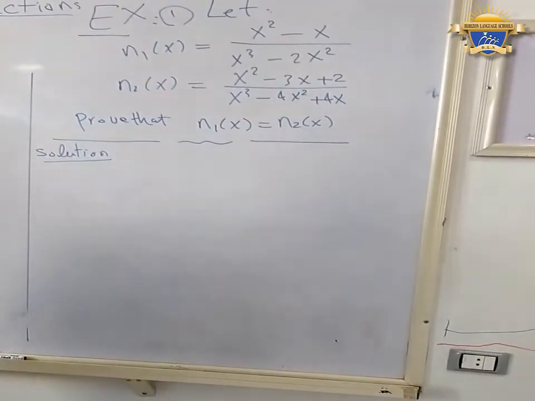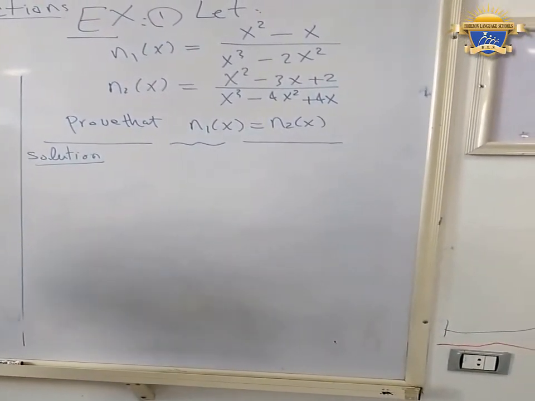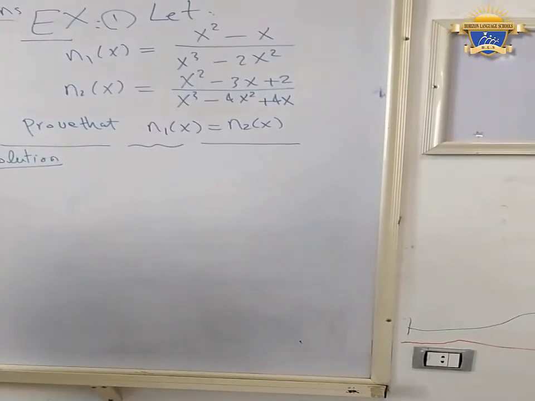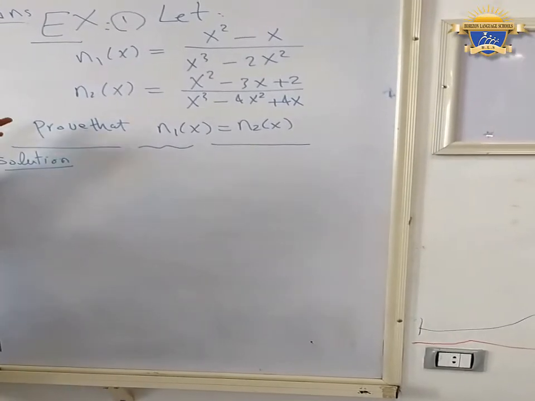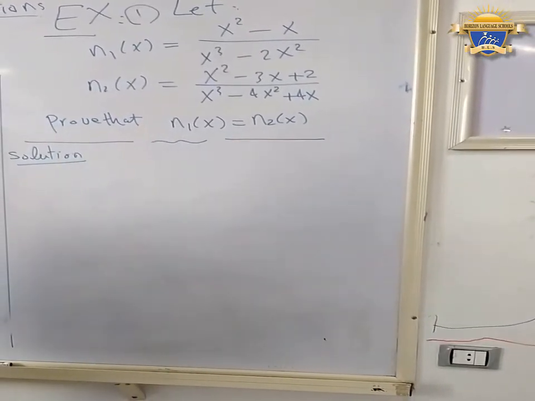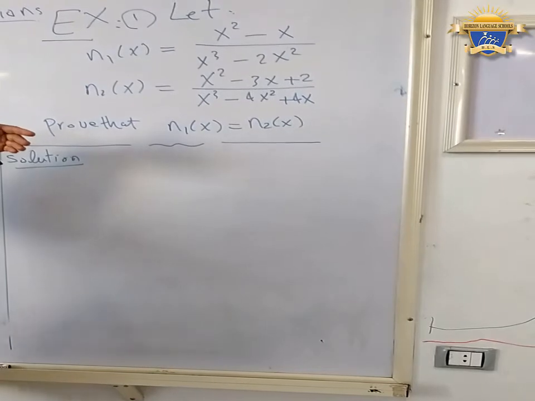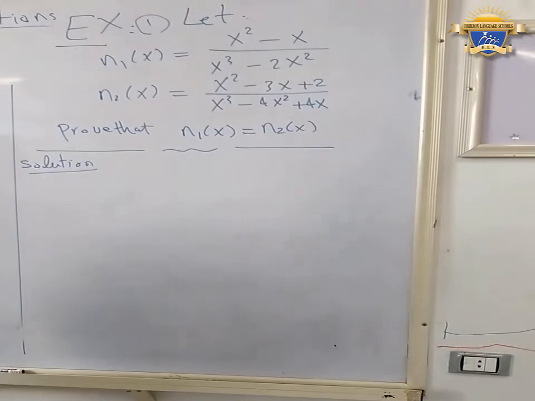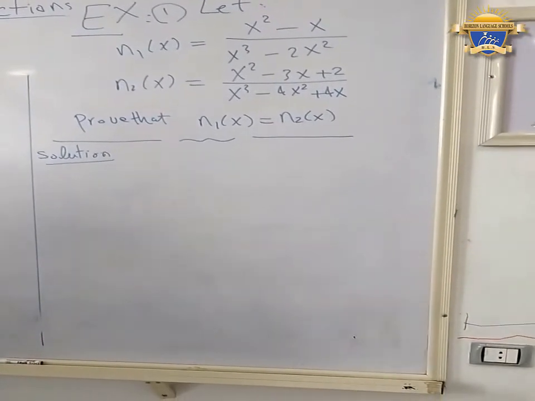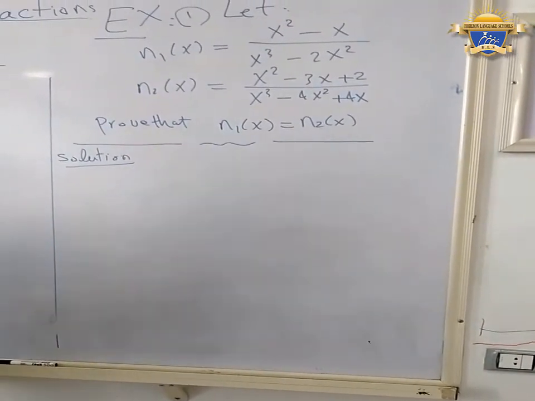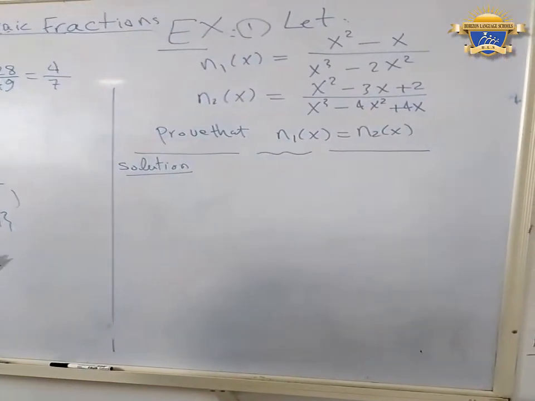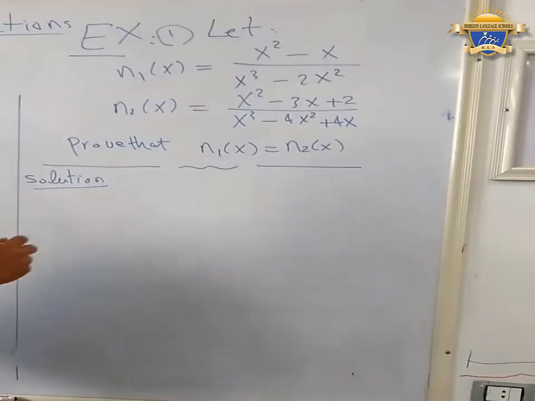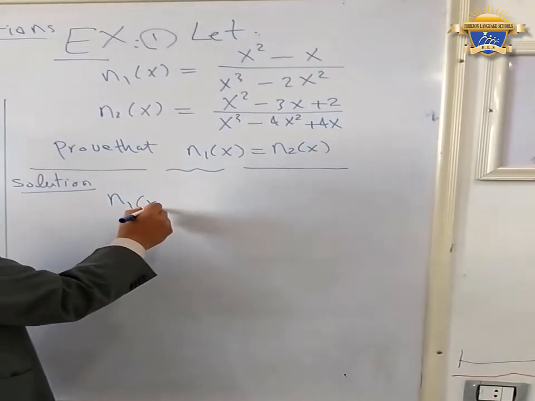At first, we have to factorize each of these fractions. Then determine the domain of each of them. Then remove the common factors by reducing each of them. Then we say if these conditions are satisfied or not. So we begin with n1 of x.